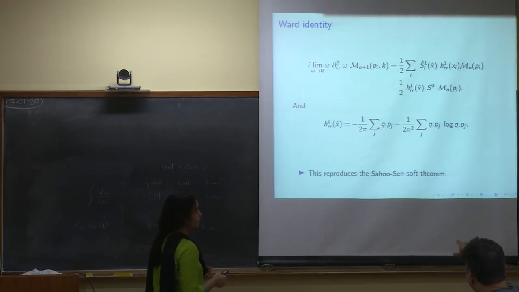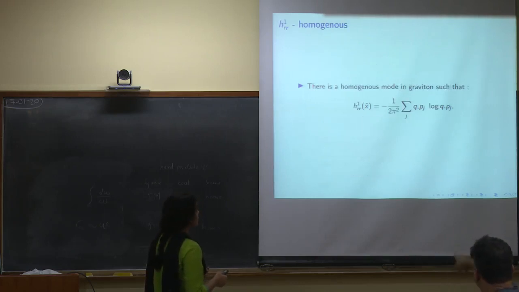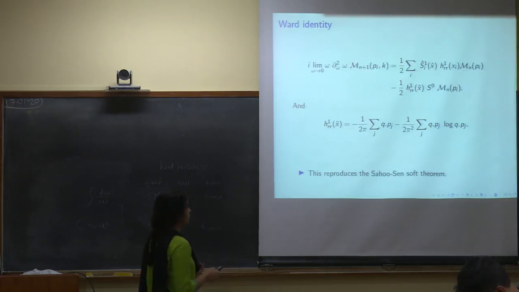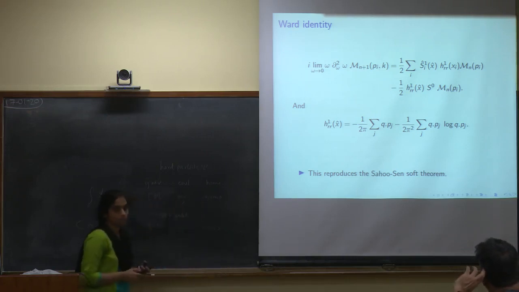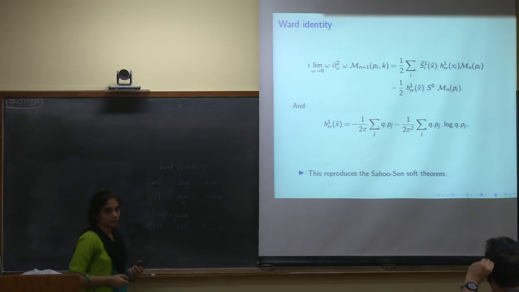Q is the particle that is feeling the effect of the gravitational field. So that Q and the J's are all the other particles. Q is the soft particle. It is interacting with all other hard particles in some sense, one by one.